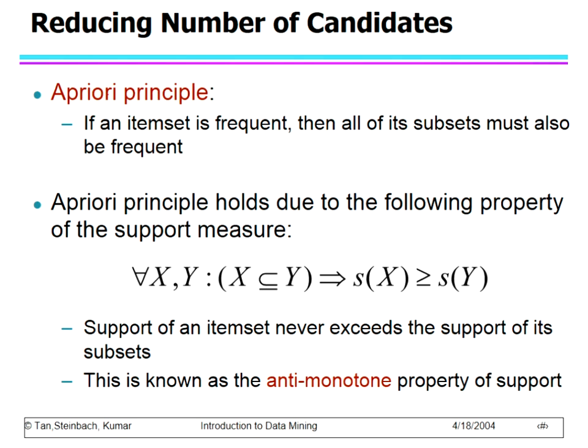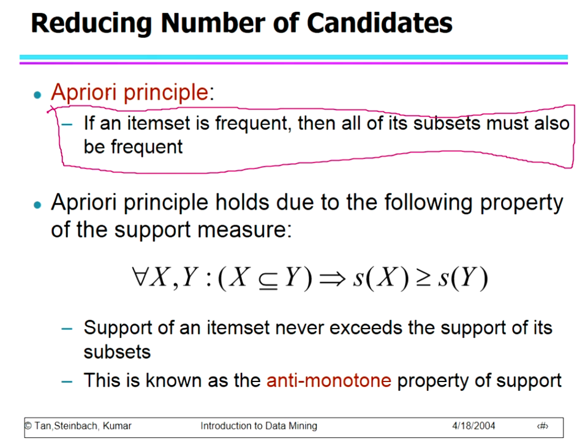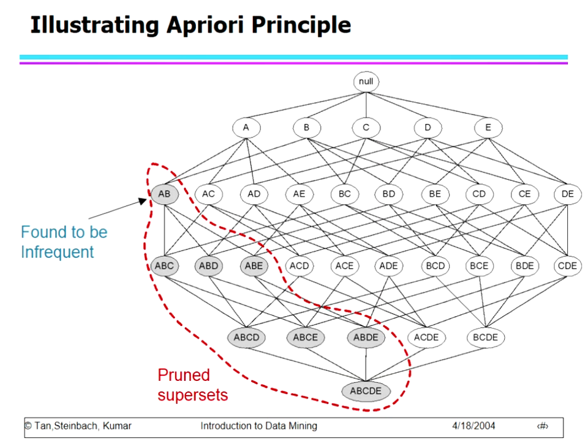This is the a priori principle. And why do we use the a priori principle? To reduce candidates. Very good.